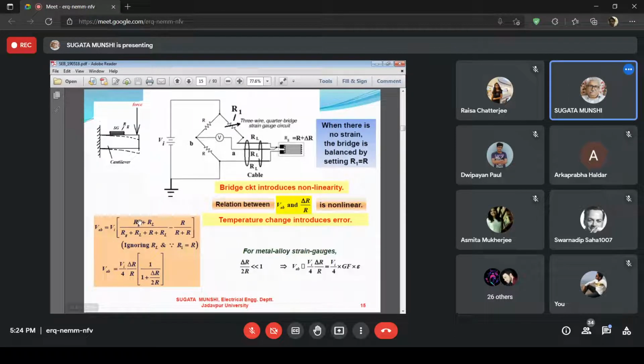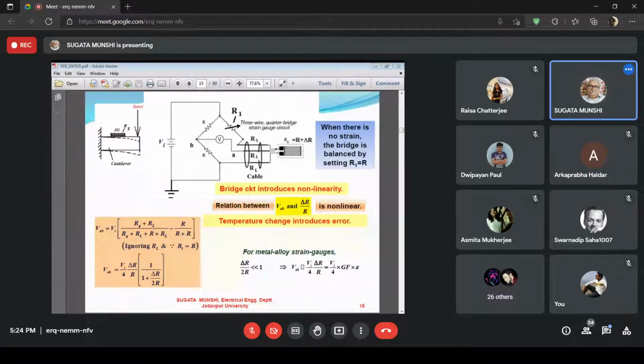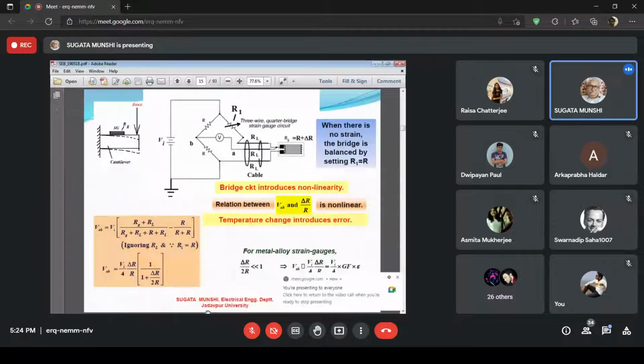Simplifying it, ignoring RL, suppose the situation is such that RL can be ignored, VAB becomes what is shown here. So VAB is not linearly related to delta R by R. That is a demerit.